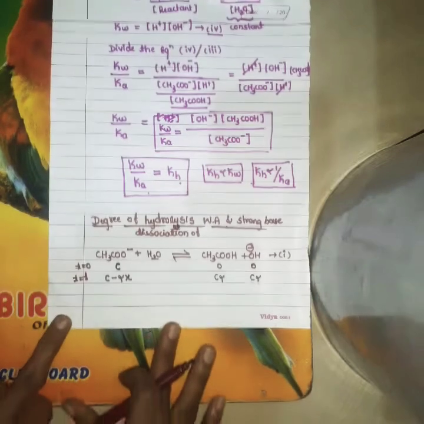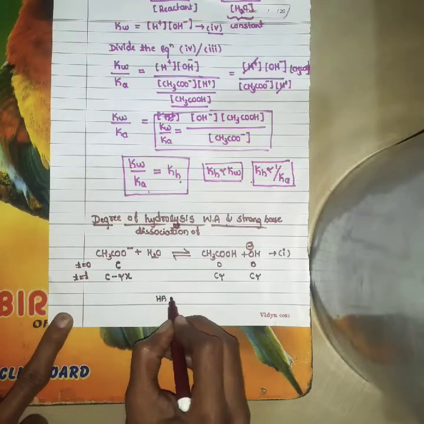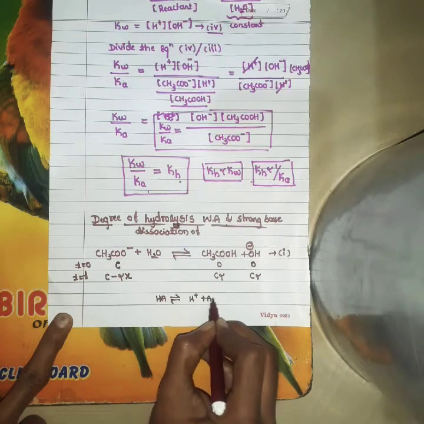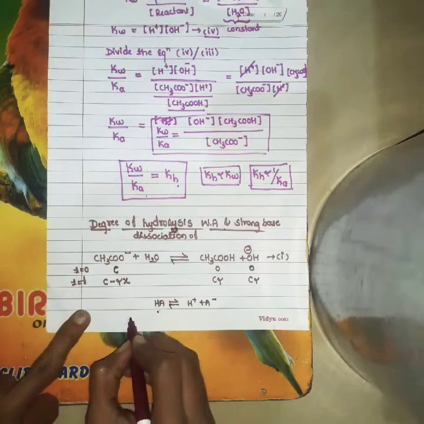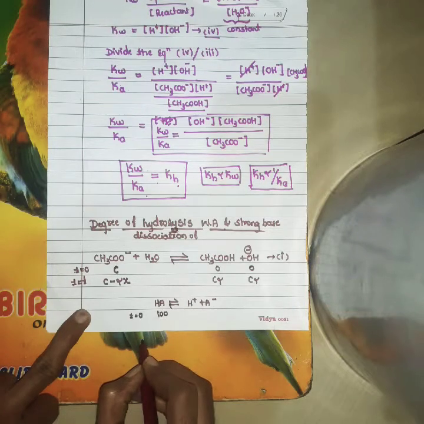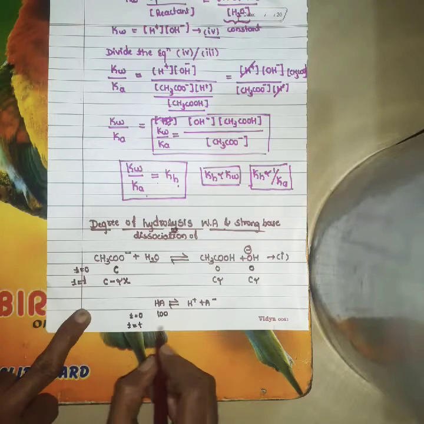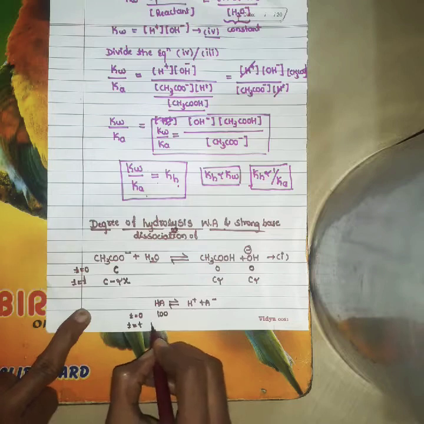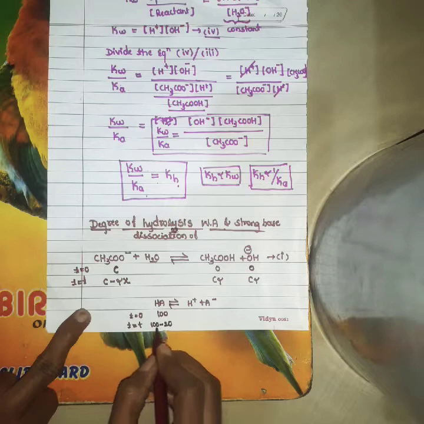For example, how is it possible? Consider HA, which will undergo dissociation to H plus and A minus. At the start, at time t equal to 0, 100 molecules will be present. After time t, 80 molecules will remain: 100 minus 20 gives 80.